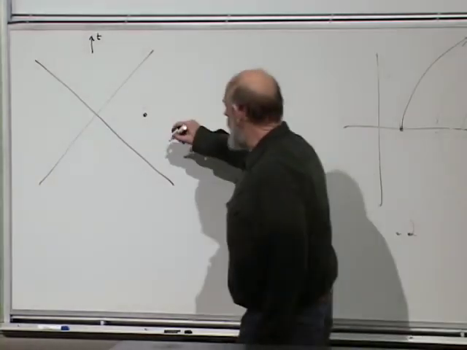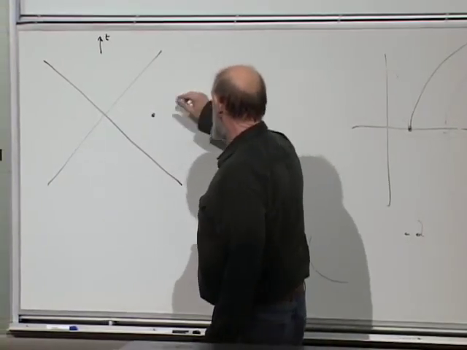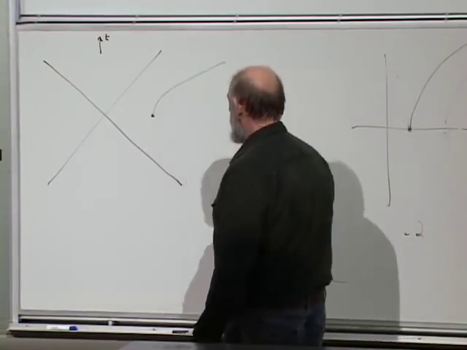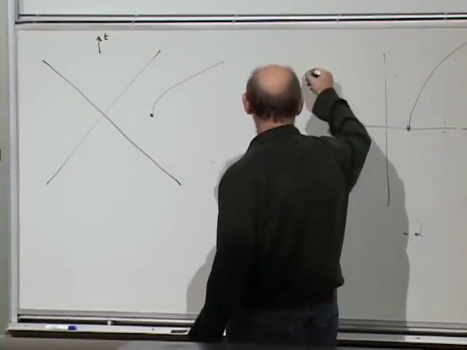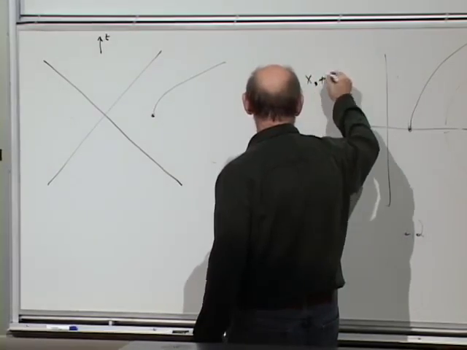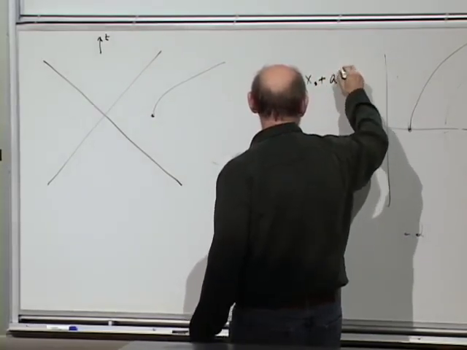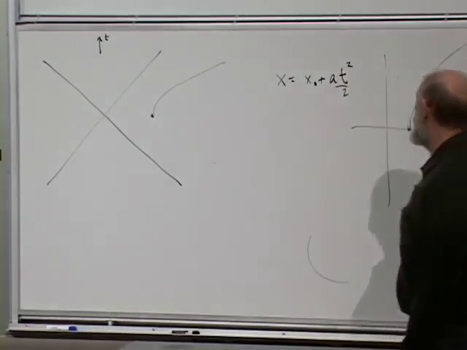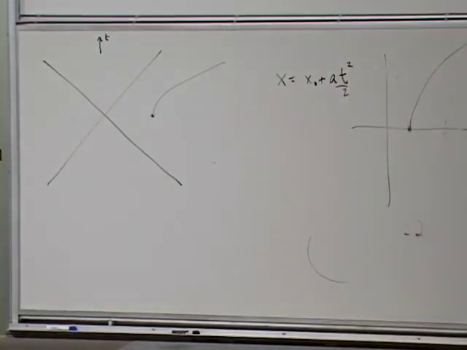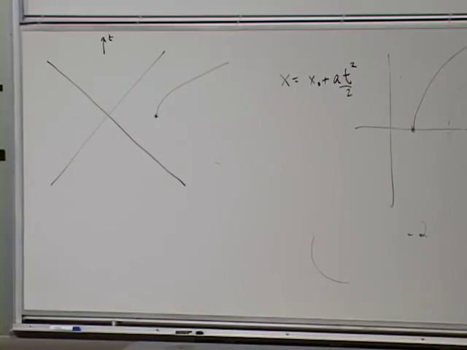You might think, again, that that's a parabola. In other words, x equals, let's say, constant x naught plus acceleration over 2 times t squared. Well, that's going to quickly make that observer move faster than the speed of light.